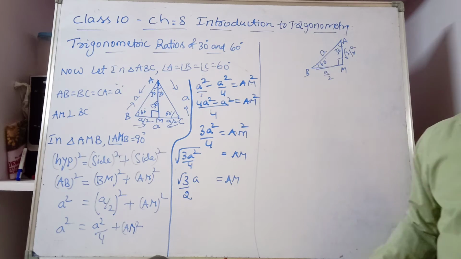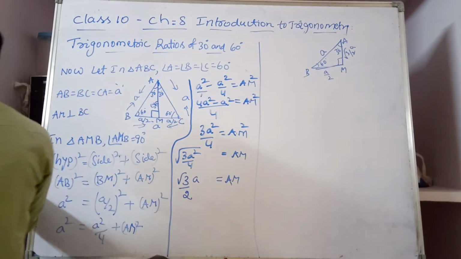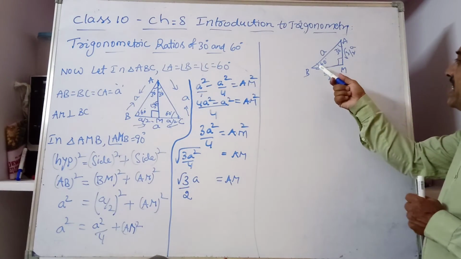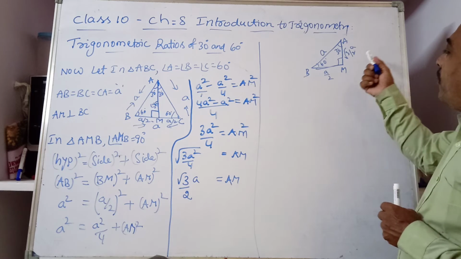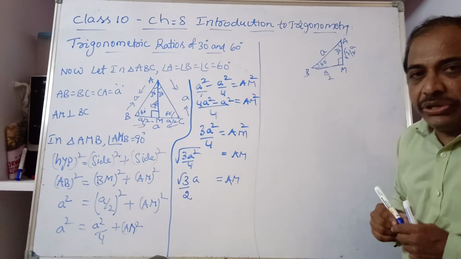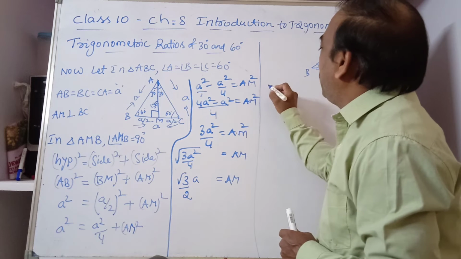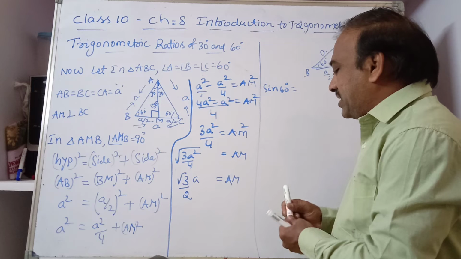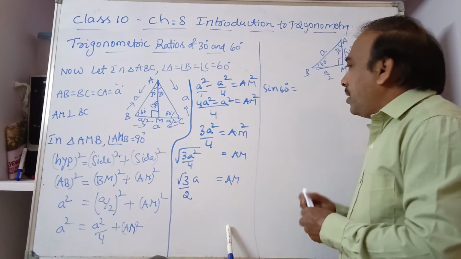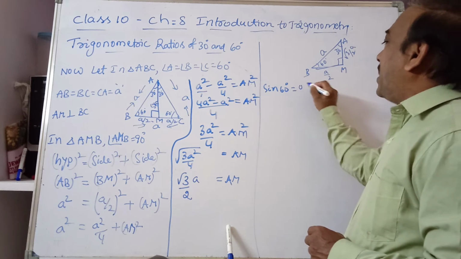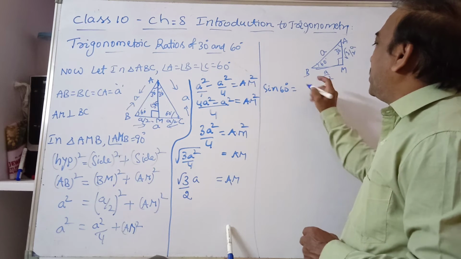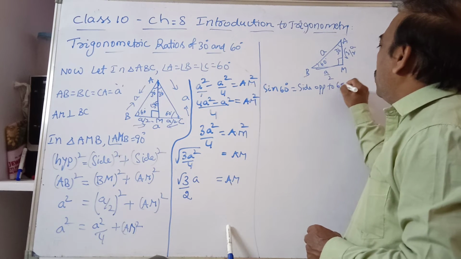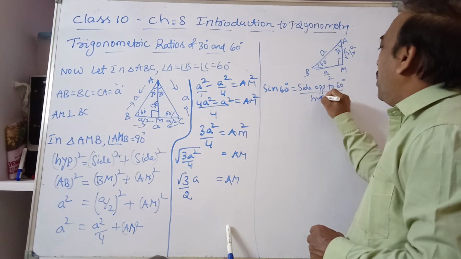With respect to 60 degrees, if you consider sine 60 degrees, it is nothing but opposite side by hypotenuse. So sine 60 degrees is equal to the side opposite to 60 degrees by hypotenuse.